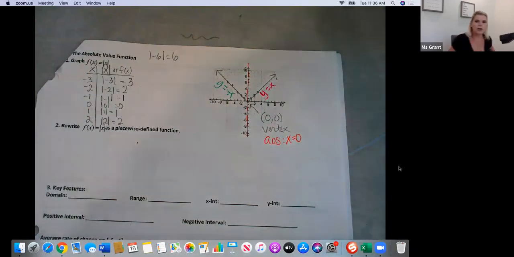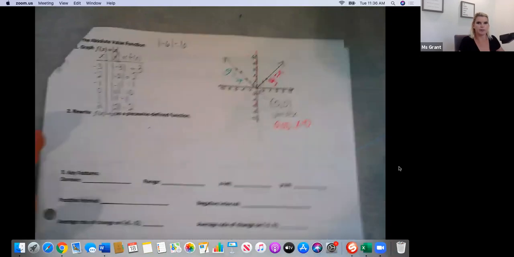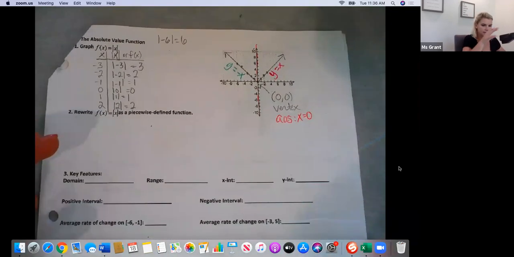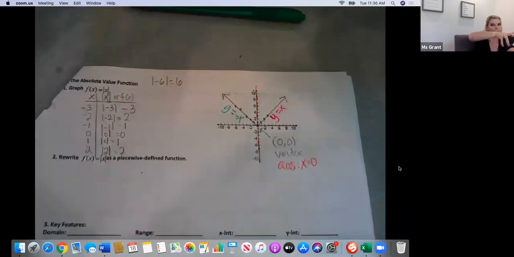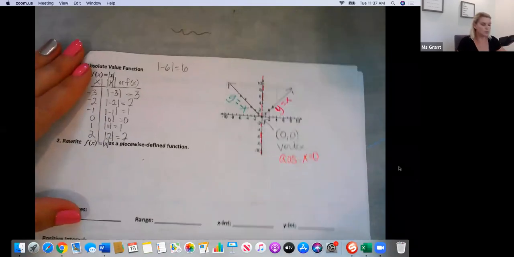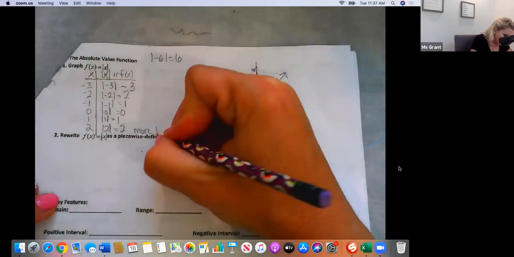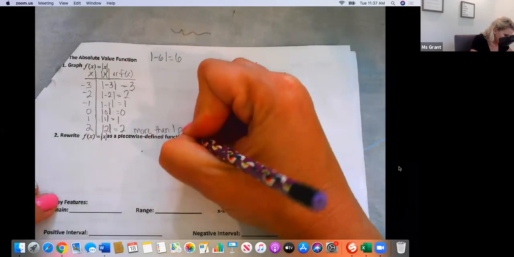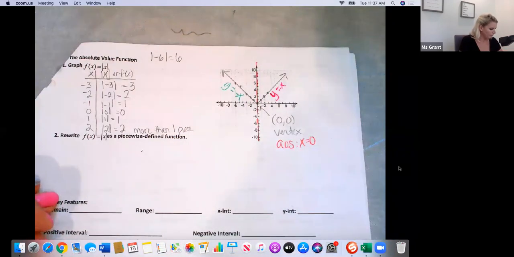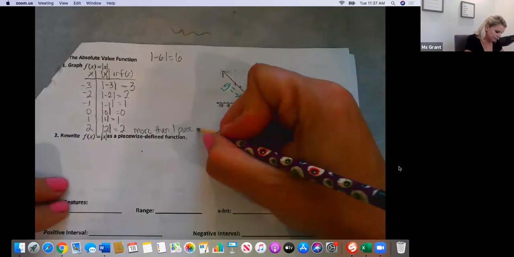All right. So now I want to talk to you about what a piecewise function is. It says number 2, rewrite the function as a piecewise defined function. Piecewise means that I'm going to have more than one piece, and it's basically going to tell where the domain is.